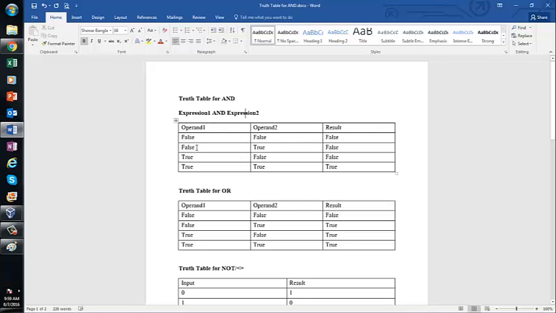If left is false, right is true, it will be false. If left is true, right is false, it will be false. Only if both operands are true will the result be true.